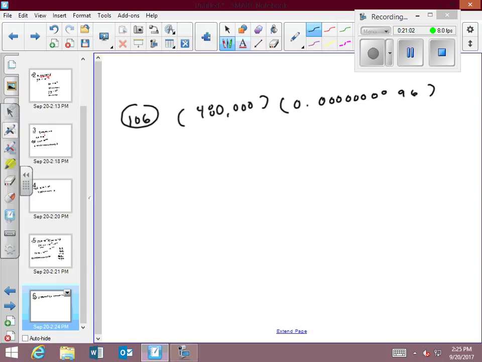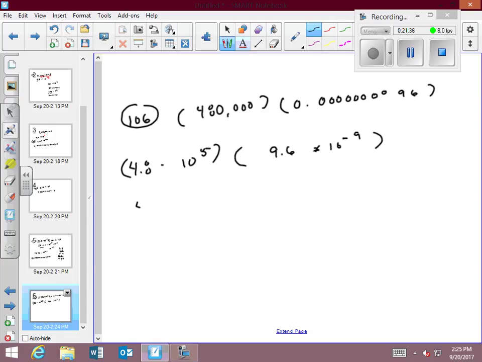So I'm going to write this in scientific notation first. 4.8 times 10 to the 5th, right? That's what 480,000 is. And then the other one is 9.6 times 10 to the minus 9, right?